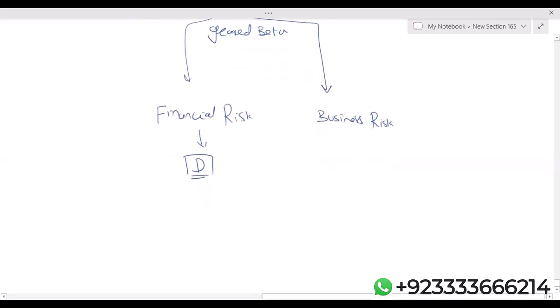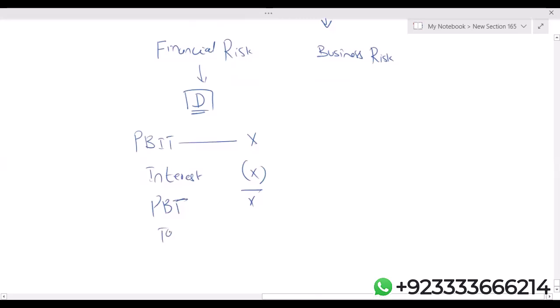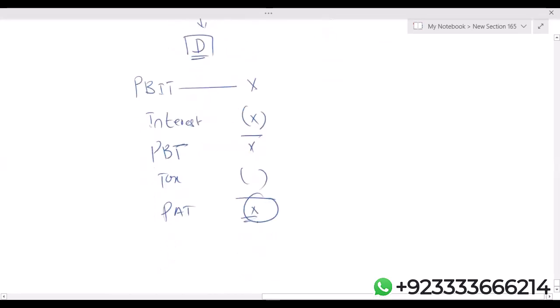So obviously, from PBIT, meaning operating profit, profit before interest and tax, the company will have to deduct the interest, no matter PBIT is high or low. Then we'll get profit before tax. Obviously, you have to pay the tax. Then there will be profit after tax. Now, from this profit after tax, the company will have to decide how much dividend they are going to pay. Either they will be paying the dividend or not, how much, it's up to the company.